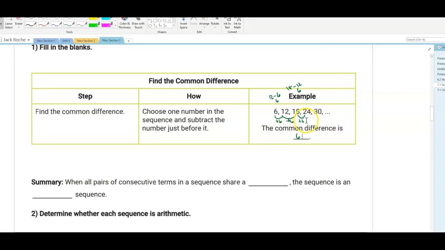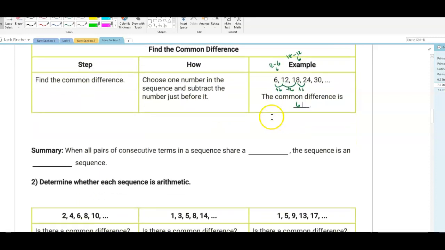Either way you look at it, you get the same answer. So when all pairs of consecutive terms in a sequence share a, what do we put here? That's going to be a common difference. The sequence is an arithmetic sequence.